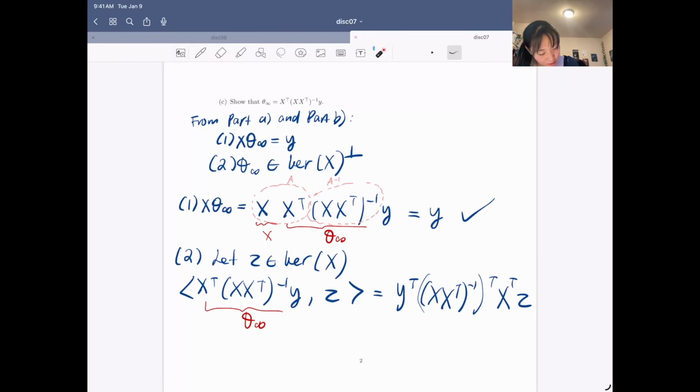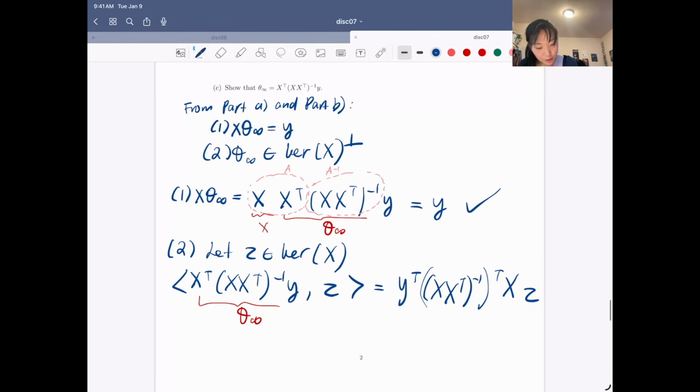Okay, this is X transpose transpose, right? Because we transpose this and then we transpose it again when we transpose the entire thing. So this whole thing is actually just equivalent to X. And again, we know that Xz is 0 because z is in the kernel space. And the kernel space is defined as mapping any vector z to the 0 vector. And so this entire dot product is equal to 0.